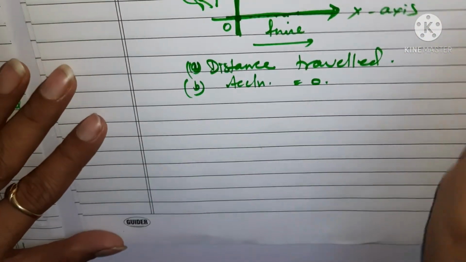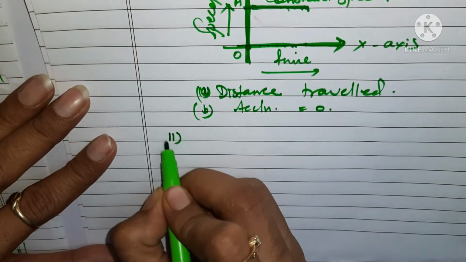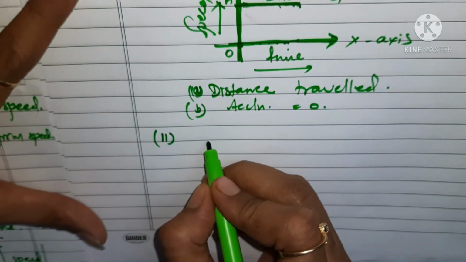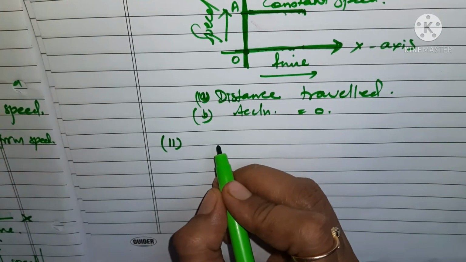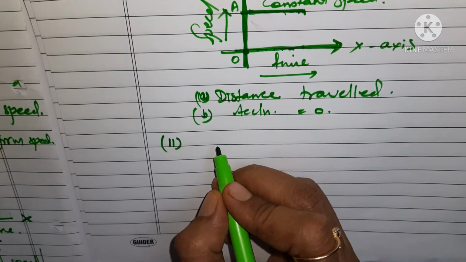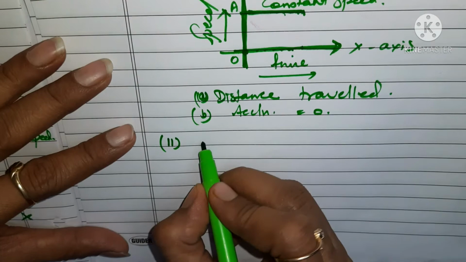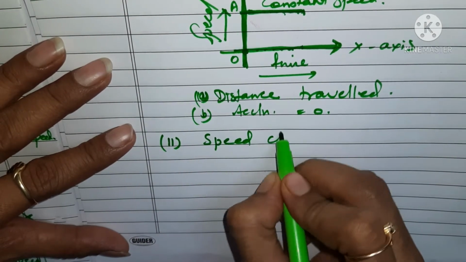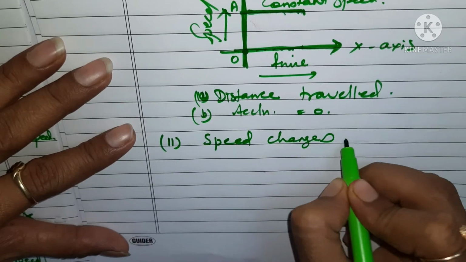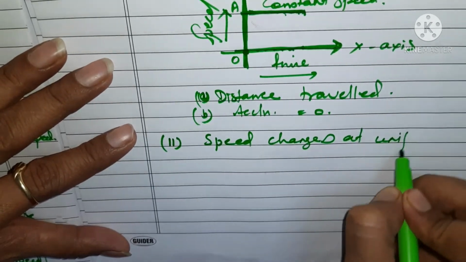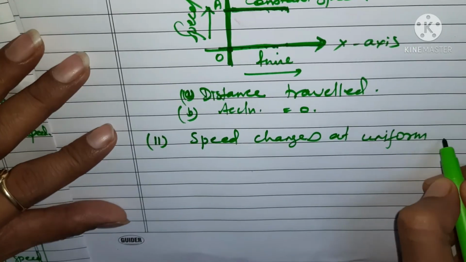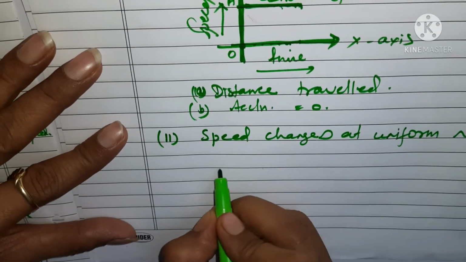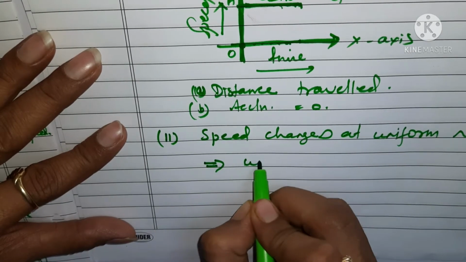The next type of graph, which we are going to study in further videos, is about a moving body when its speed changes at a uniform rate. When its speed changes at a uniform rate, it implies that you get uniform acceleration.